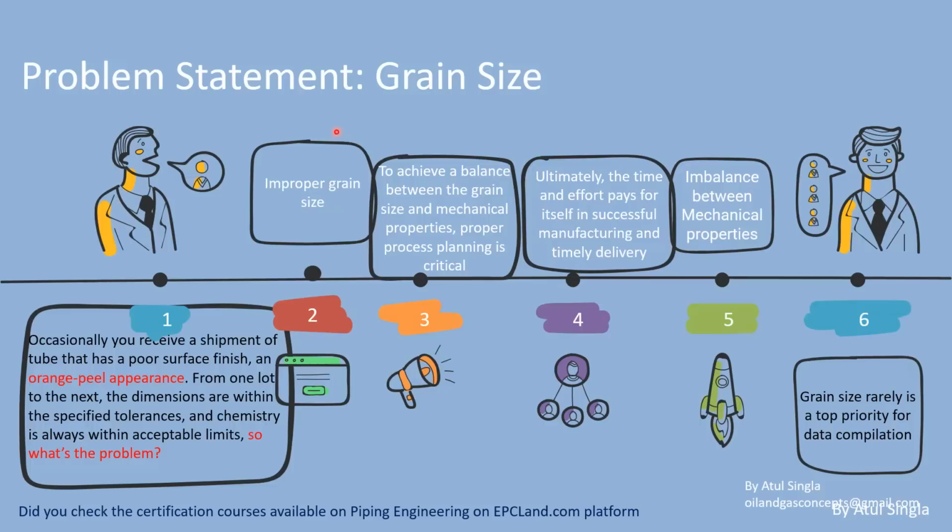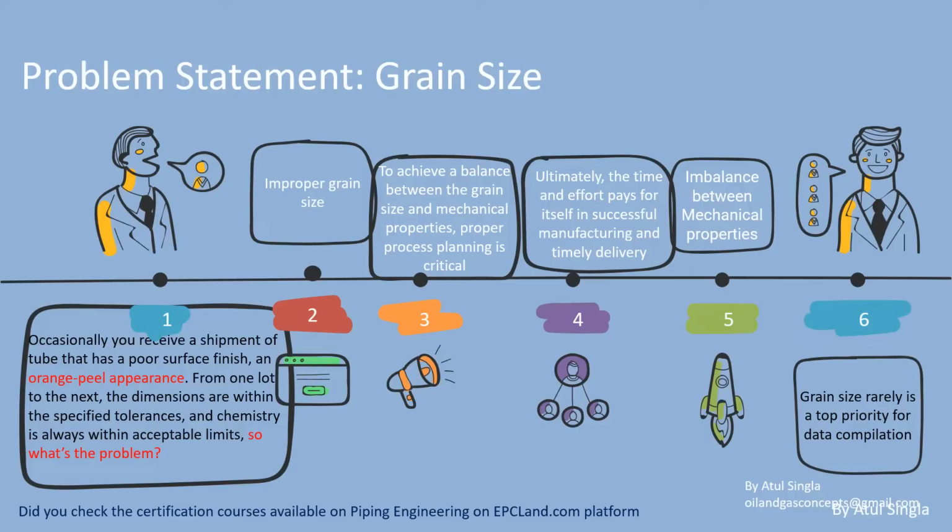The manufacturer has to go through a lot of things to create a balance between grain size and mechanical properties, right? A lot of mechanical properties are defined in the purchase order and the manufacturer has to fulfill them. So a lot of time and energy is required to reach the balanced condition where grain size and mechanical properties are met as per the requirements.